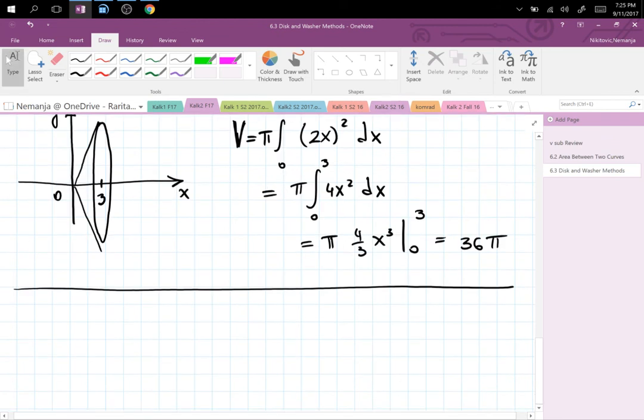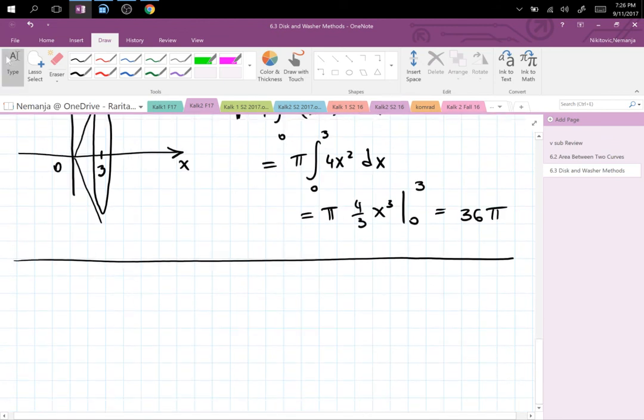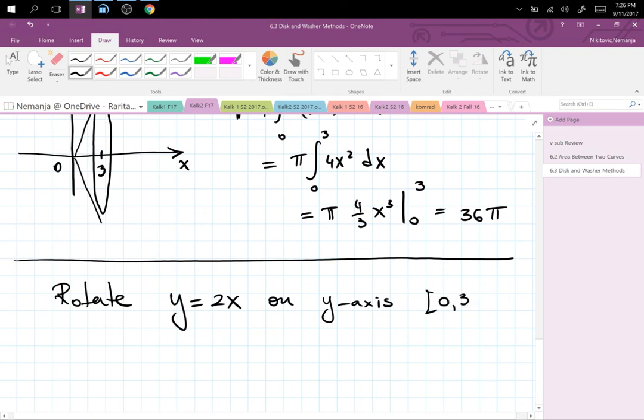Now let's see one more example. So rotate y equals 2x on y-axis. Again, 0 to 3.